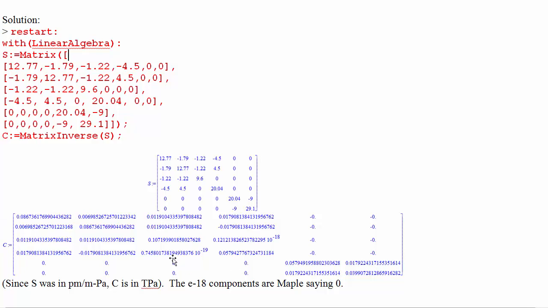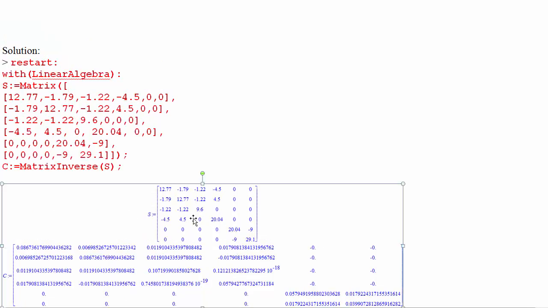Here you'll notice that there's a couple of e to the minus 18 terms and e to the minus 19 terms. Those are really 0. This is Maple running into a rounding error. Computers have a hard time dealing with really small numbers, especially since we entered this in terms of decimals. The coefficients aren't exactly 12.77 and 20.04.